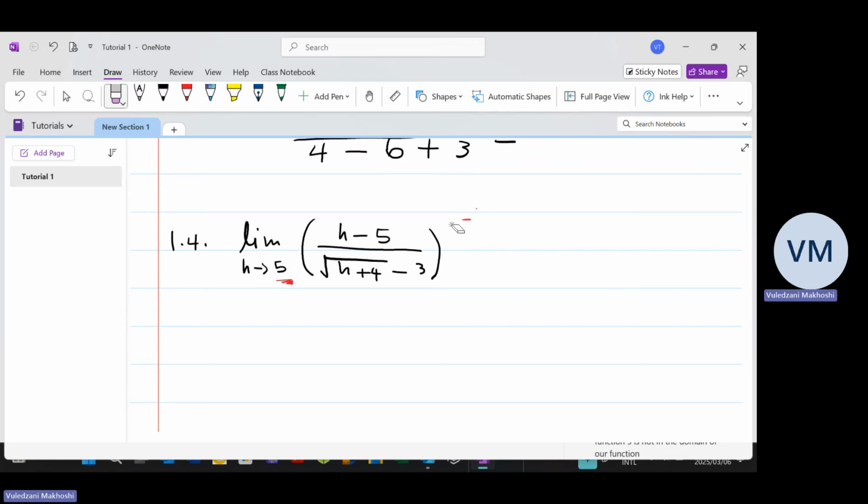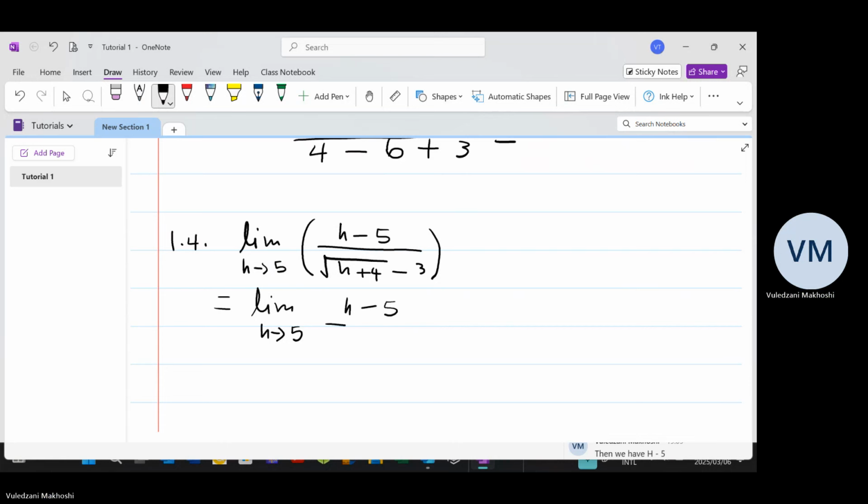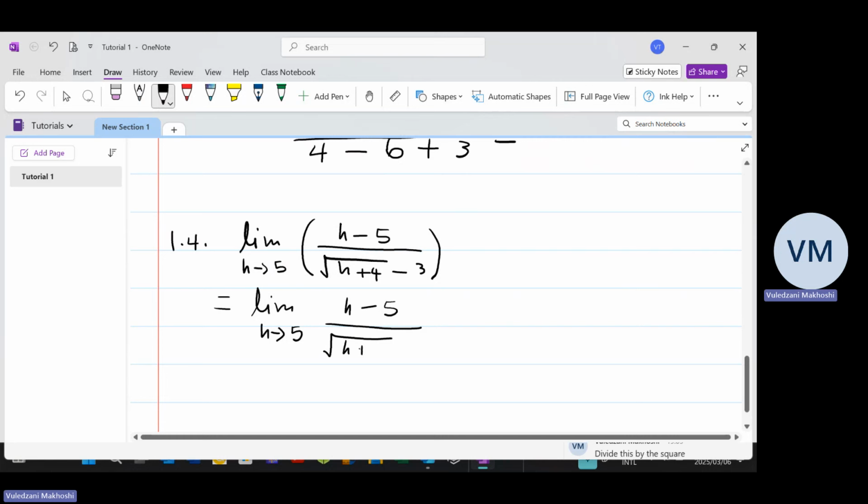So because of that, we rewrite this limit. H is approaching 5. Then we have h minus 5. Divide this by the square root of h plus 4 minus 3.